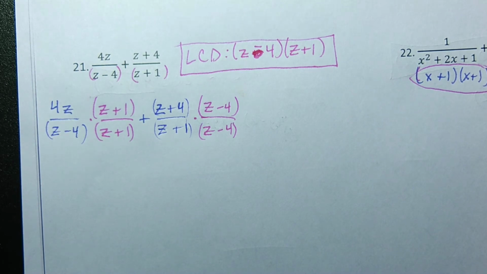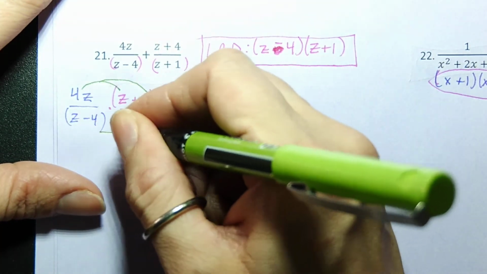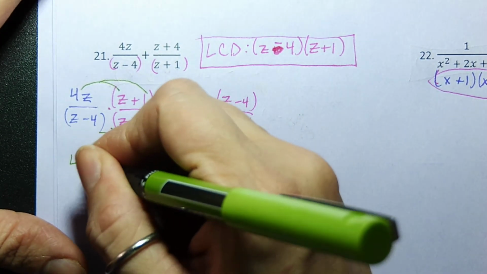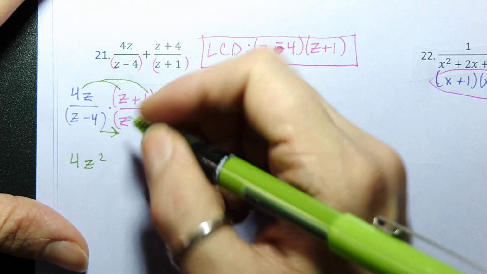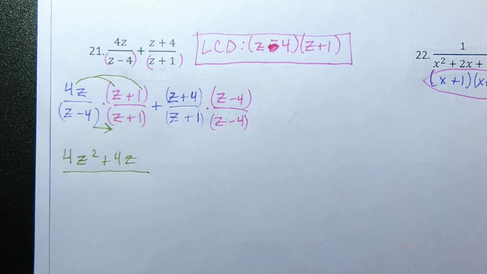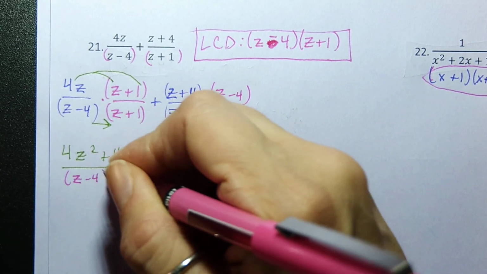Now remember, once we have used those creative forms of 1, we are going to distribute on the top and slide the denominators together. So 4z times z is 4z squared. 4z times 1 is 4z. And then all over z minus 4, z plus 1.